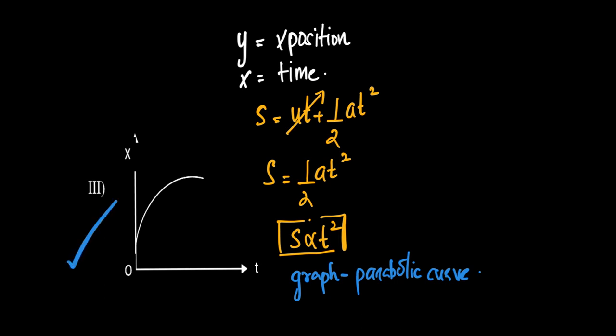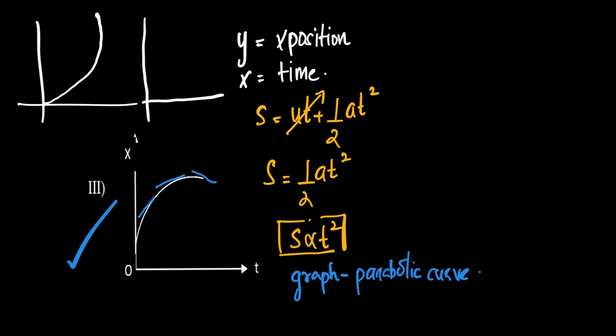But there's a problem. Why? See, if we understand the slope of the graph here, it is continuously reducing, right? It is continuously reducing. So some students may have a doubt here. Let me clear that part also. See, this represents an increasing slope, okay? And this curve represents a decreasing slope.